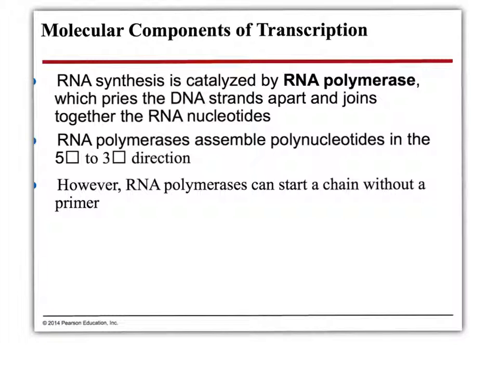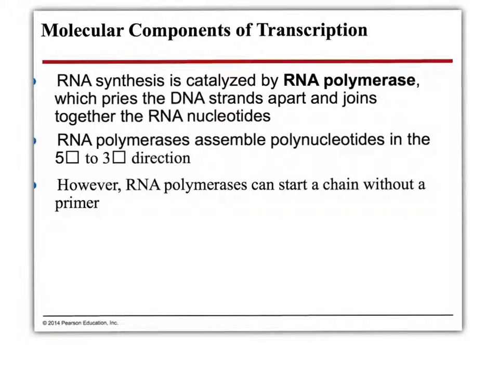What has to happen? They have to split apart, right? So we're going to split them apart, and then an enzyme, RNA polymerase, is going to recognize that open DNA and is going to produce the new RNA strand. Right? RNA nucleotides are assembled in a 5' to 3' direction. Why in a 5' to 3' direction? The free 3' OH.